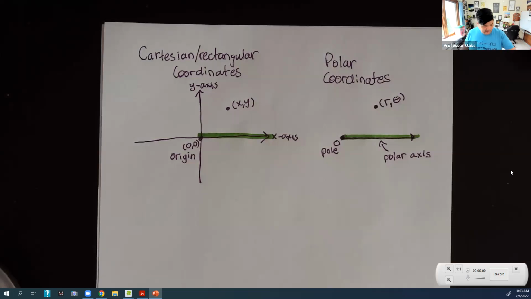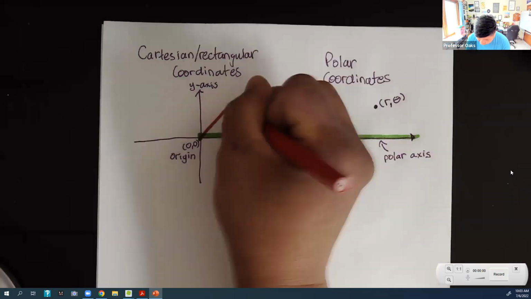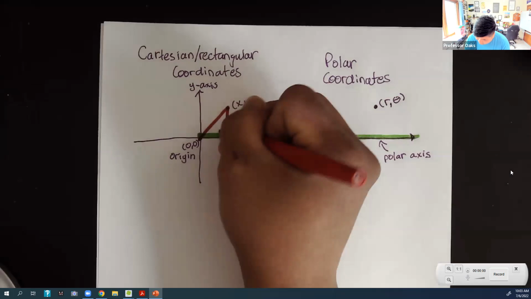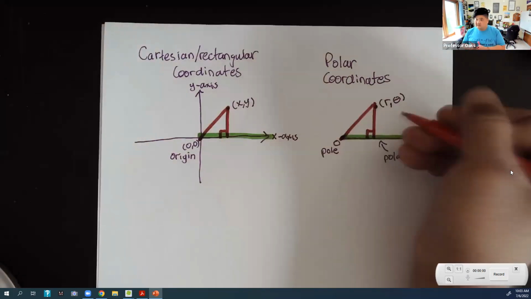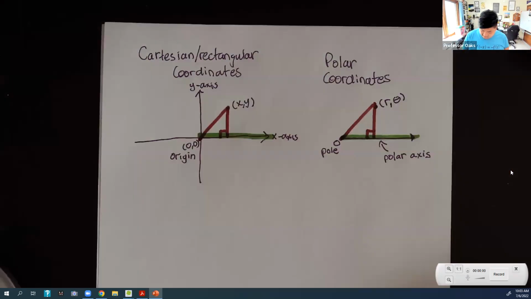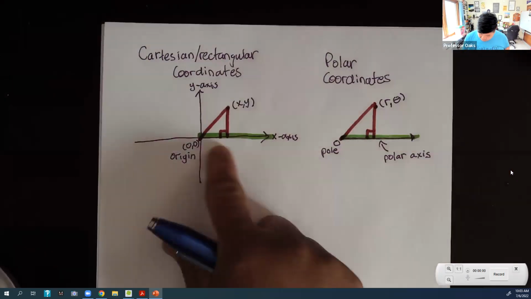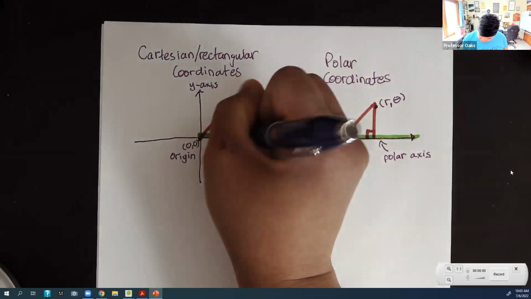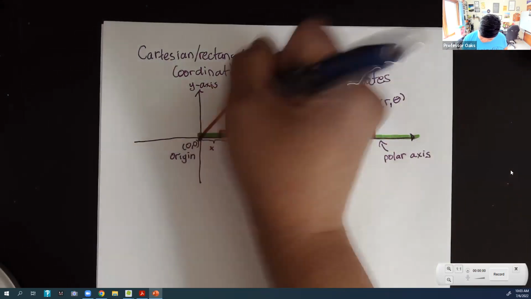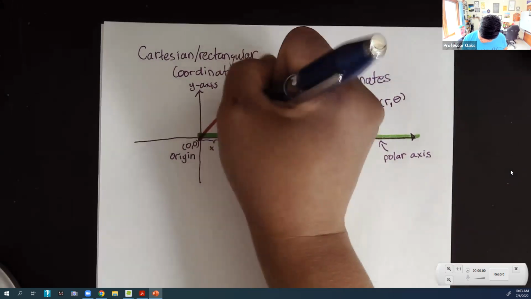If I draw a right triangle right here, and then draw a right triangle right here, then this is the difference between this and this. To get that x and y, you're using this distance and that distance, x and y.